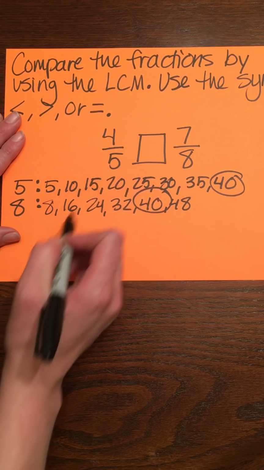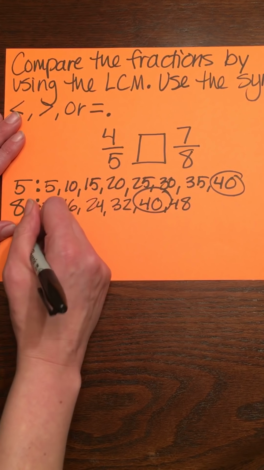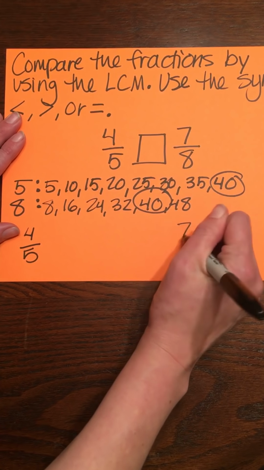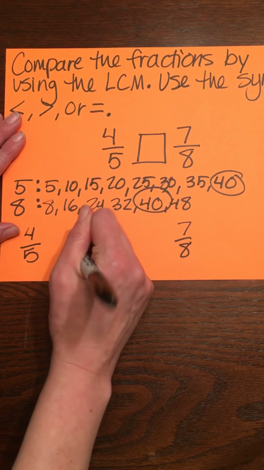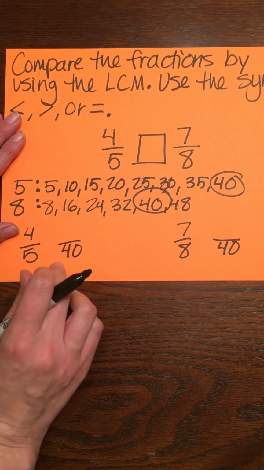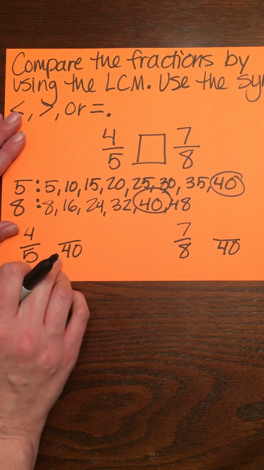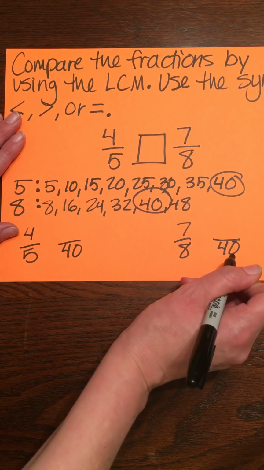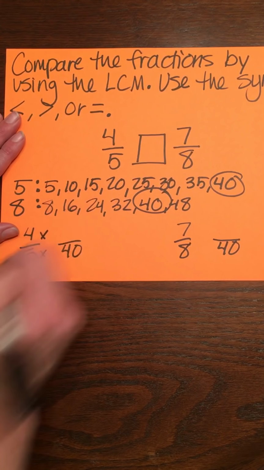Now we're going to write each fraction down below so we can change it into 40ths. We write 40 because we're changing it into our LCM, or our lowest common denominator. So this one up, we're going to multiply.